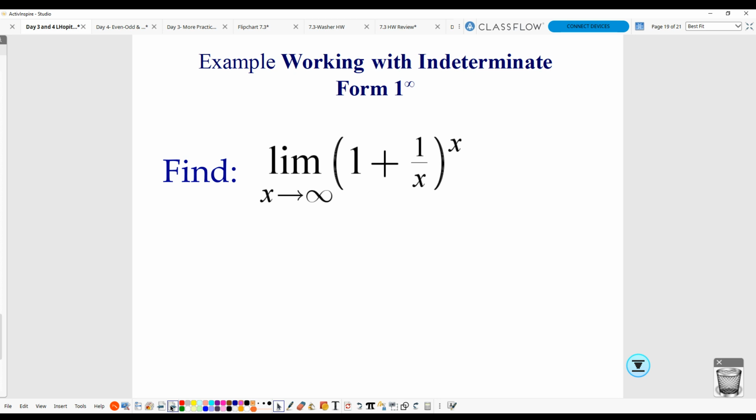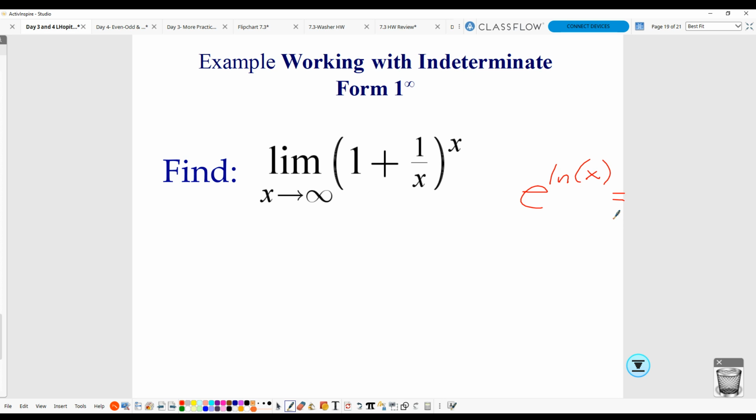But 1 to infinity has got to be 1, right? I'm going with no, because that's not quite 1. It's 1 plus. That's funky. What's the function that undoes e? ln. So if I have e to the ln of x, that's like multiply by 2 and divide by 2.